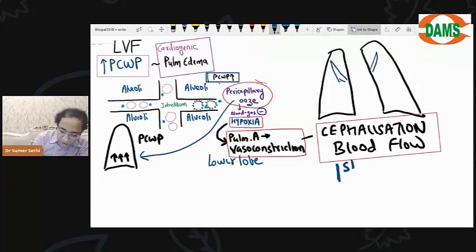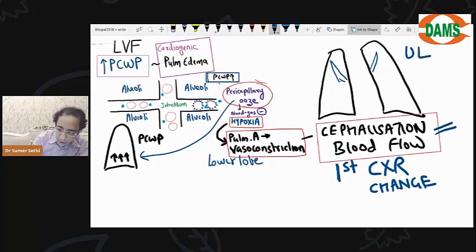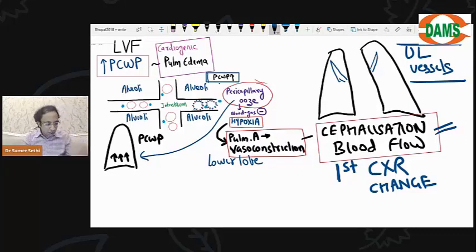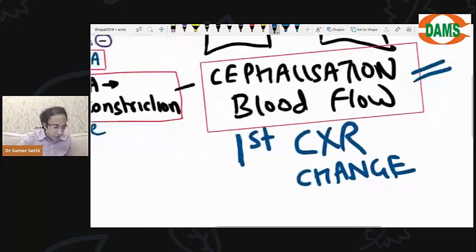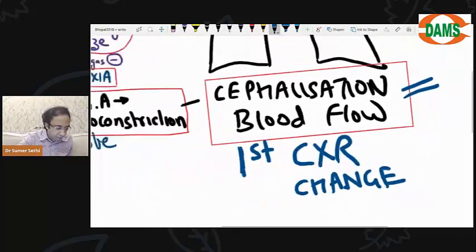You will be frustrated that what am I doing? This is the first chest X-ray change of heart failure. The upper lobe vessels appear dilated more than the lower lobe, which is different from a normal person. In a normal person, the lower lobe vessel should be more dilated than the upper lobe, but in heart failure, it changes. That is called cephalization of blood flow.